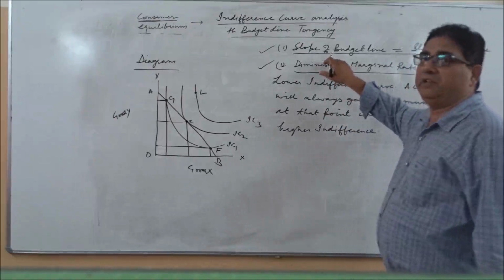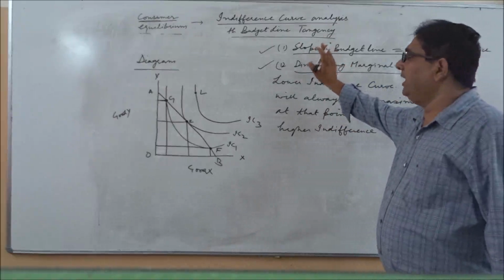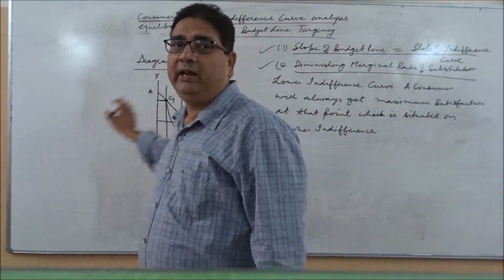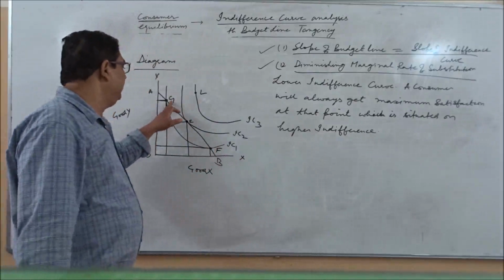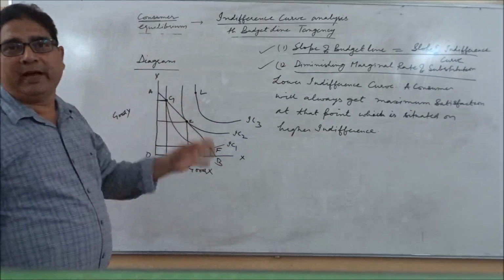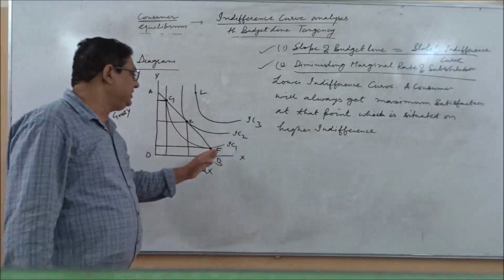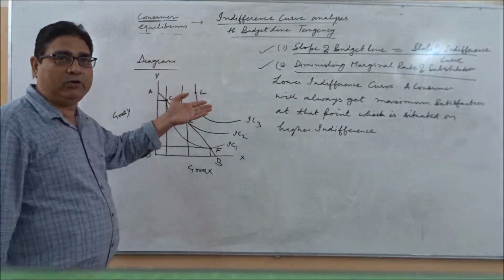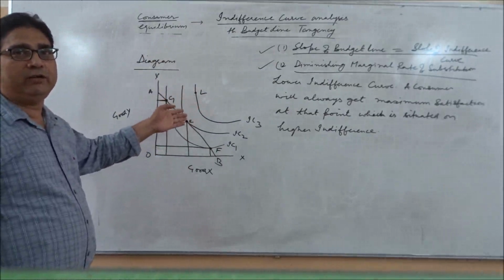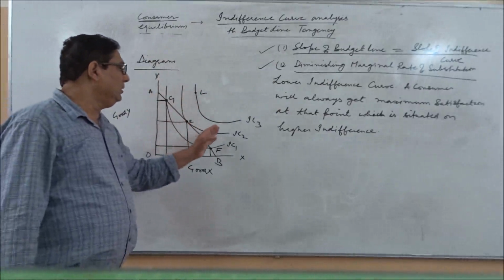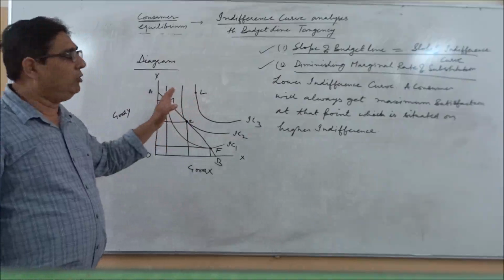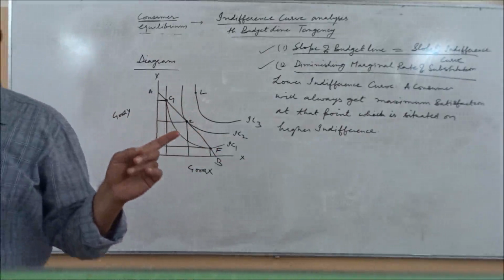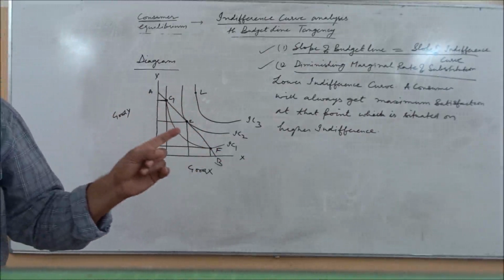Where these two conditions are satisfied, the consumer will have maximum satisfaction, not at G and F points, because they are situated on a lower indifference curve, and E point is situated on a higher indifference curve. So the basic property of the indifference curve is also fulfilled, that is, the higher the indifference curve, the higher the satisfaction. Thank you.